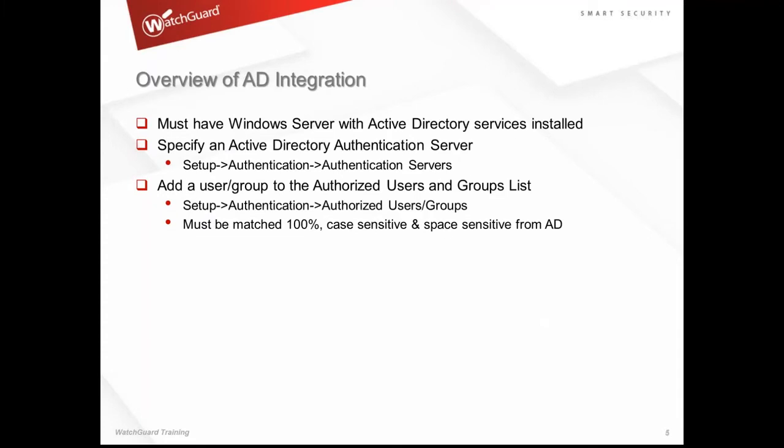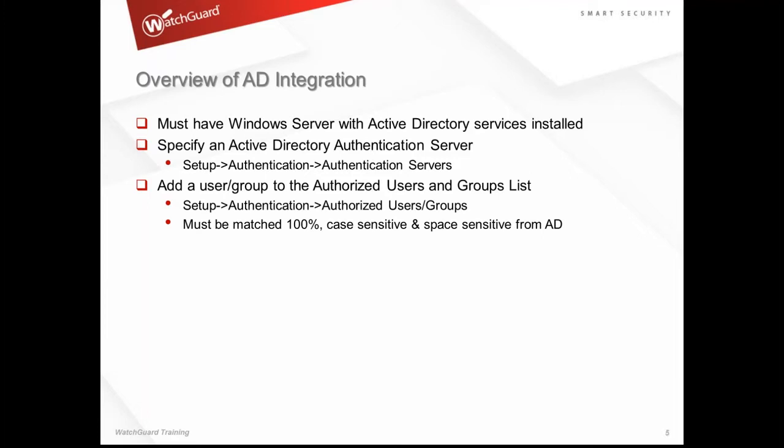Now, as we look at the overview of Active Directory integration, obviously you must have a Windows server with Active Directory services installed. And then you must specify an Active Directory authentication server.